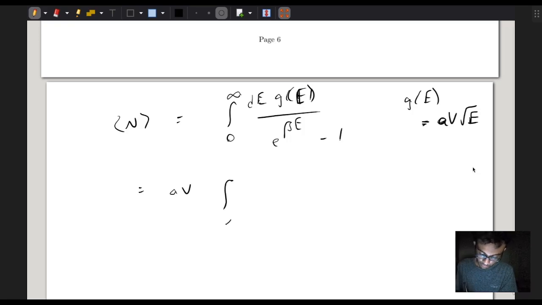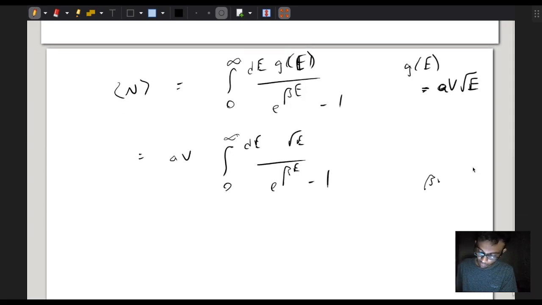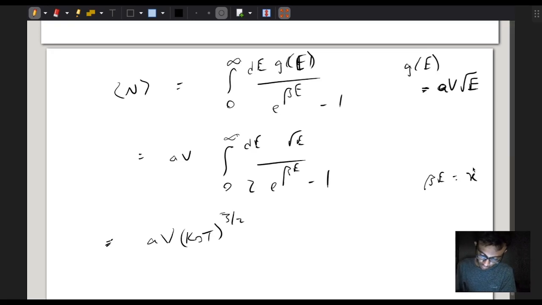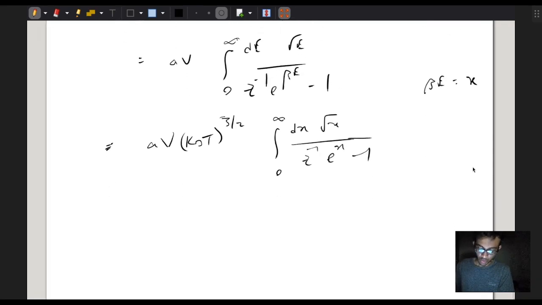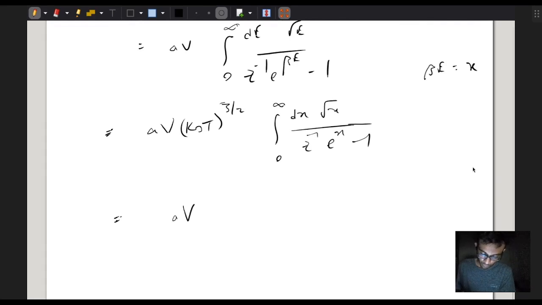So this is going to be, and doing the usual stuff, this is nothing but some constant times T to the 3 by 2, volume of course, and this is g 3 by 2 of z.